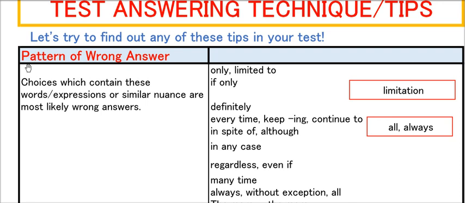Okay, a pattern of wrong answer. Choices which contain these words, expressions, or similar nuance are most likely wrong answers. Let's go. A kind of limitation: only, limited to, if only such and such.